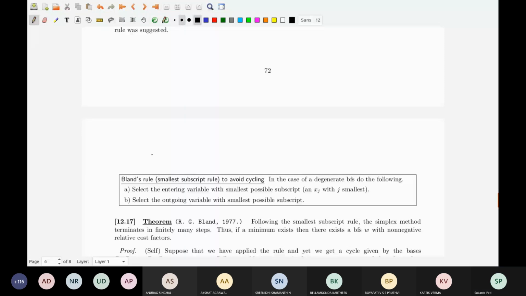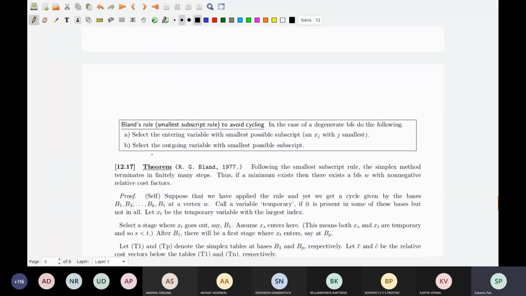That is, if C bar 4 is negative and C bar 7 is negative, independent of how negative they are, whether one is -5 or -7, don't bother. You choose the smallest subscript as the entering. Similarly, while outgoing also, choose the smallest subscript to go out. If you do that, then cycling will not occur. The proof is written over here. You can read it.